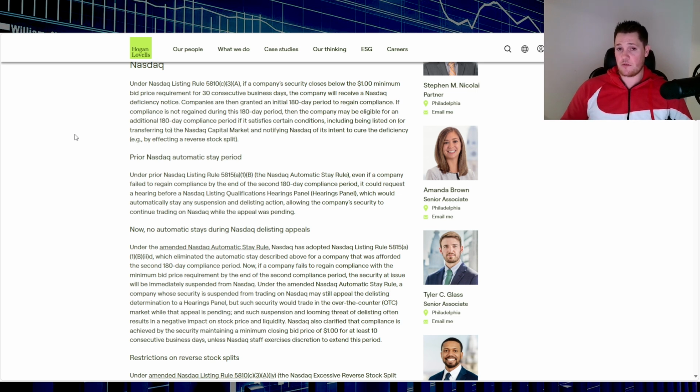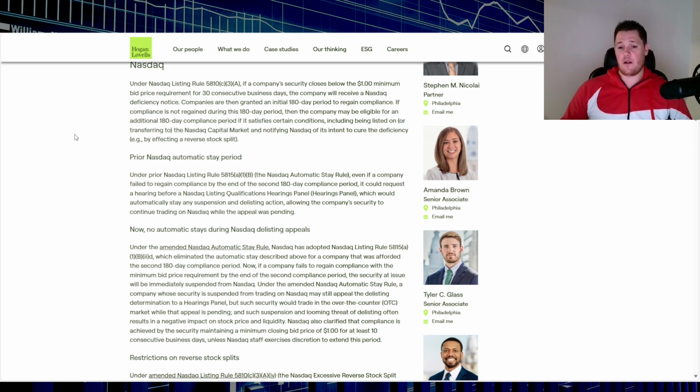If they still don't rectify the deficiency, Nasdaq gives them another 180-day extension. And then during that second period, they are again moved to the Nasdaq capital markets, and then potentially they're forced to do a reverse stock split or face delisting. So that is option number one.